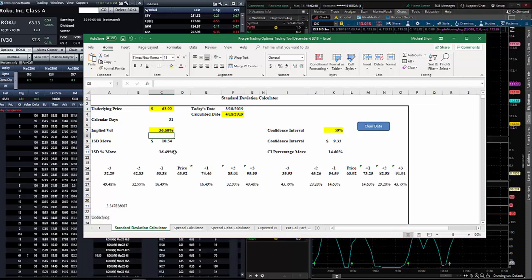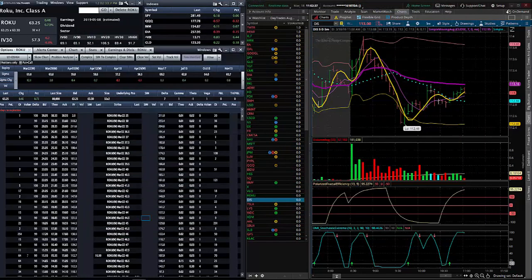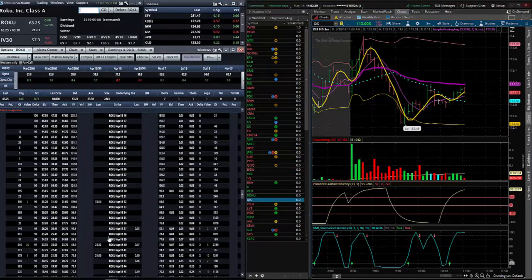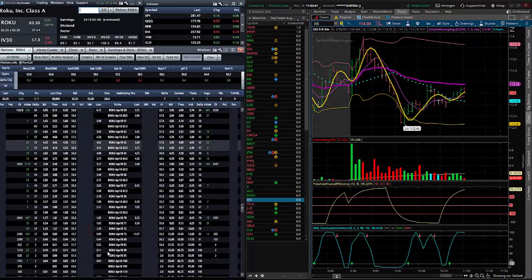To be a little bit more conservative, you can use a lower confidence interval. So instead of targeting 53.38 to the downside, we would be targeting 54.59. But of course, this is a bullish signal. So instead of targeting 74.46, we wanted to target 73 quarter or something like that. So then when we went out into the option market, we see that up above there isn't anything really in that range.